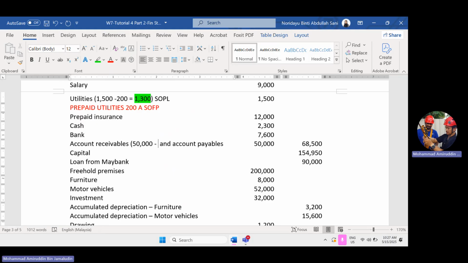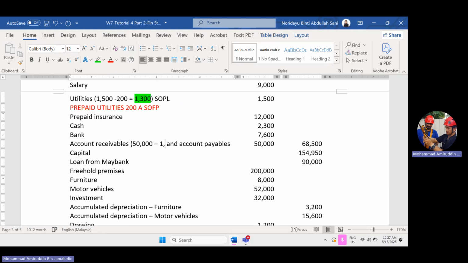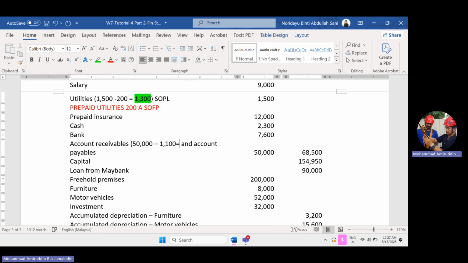Confirmed I cannot collect from my customer. So 1,100 reduces your receivables. So my account receivables would be 50,000 minus 1,100. So left 48,900. So my SOFP account receivables is this much.